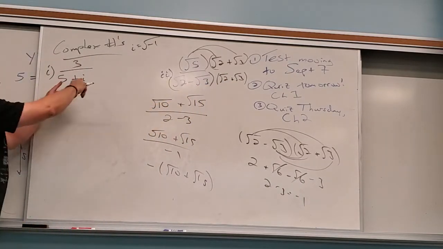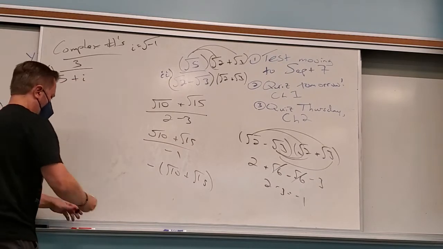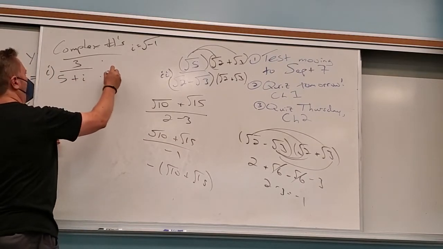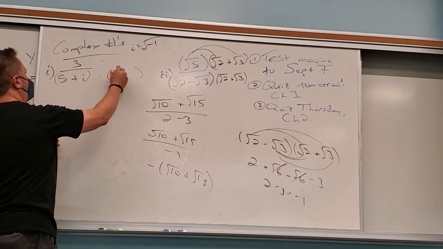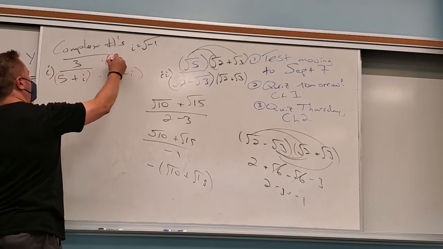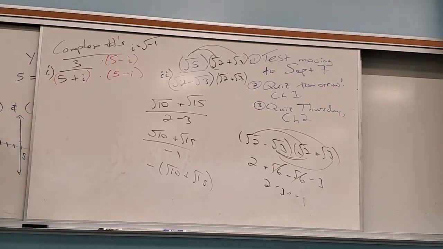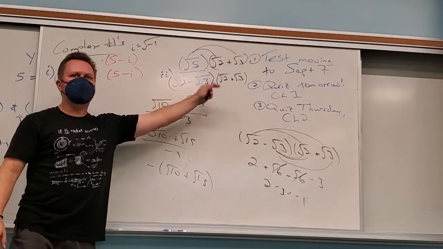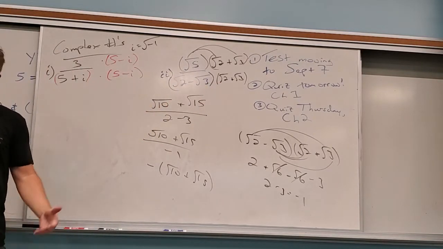So what could I multiply this by? 5 minus i. Same idea. All i is, is a radical. So whatever we did before to help with radicals, we can do with the i stuff too, because they're just radicals.